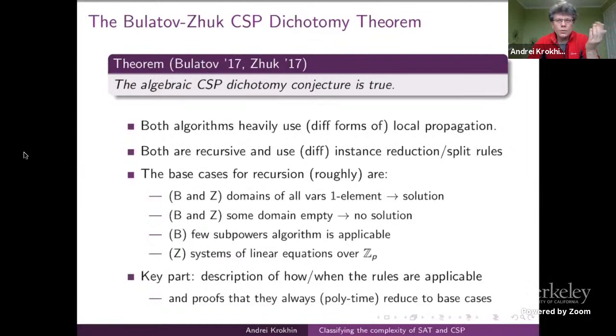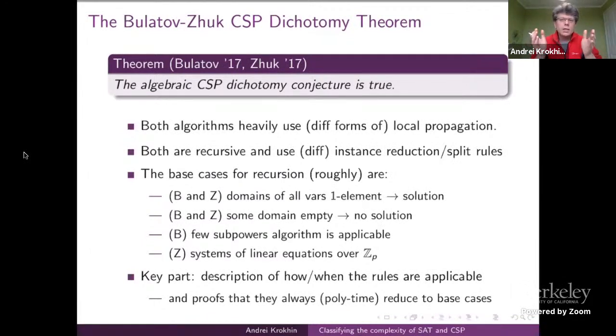And from this point of view, of course, this result is very significant. It's one of the most significant results, deservedly, but we want to know more. We want to know the reason behind tractability for other problems, not just CSPs, or maybe more general CSPs.